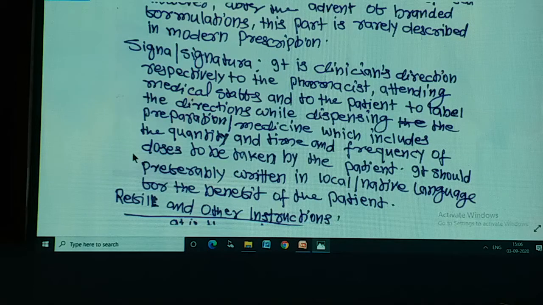It should preferably be written in local and native language for easy understanding of the patient.